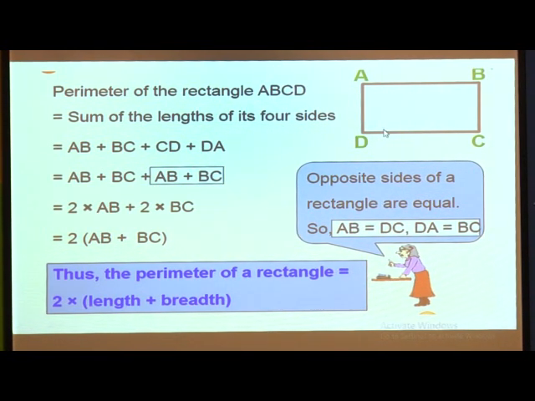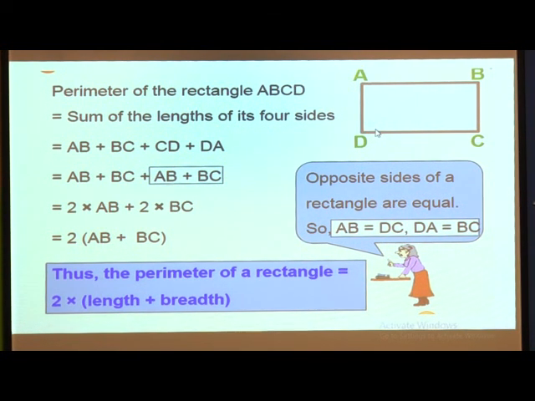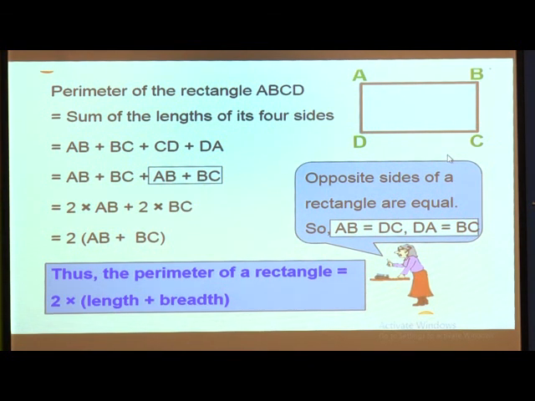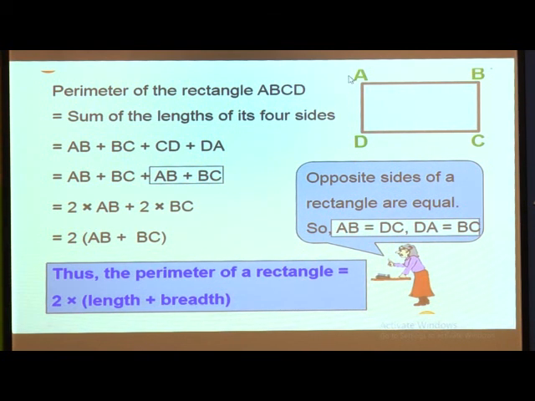Now, to find the perimeter of this rectangle, we need to find the length of the four sides and add it. For example, AB plus BC plus CD plus DA, as given here.